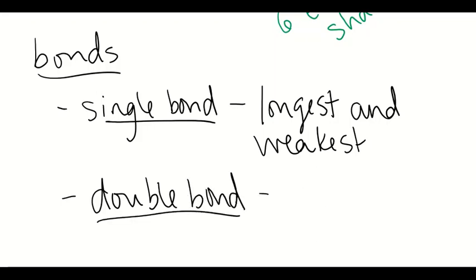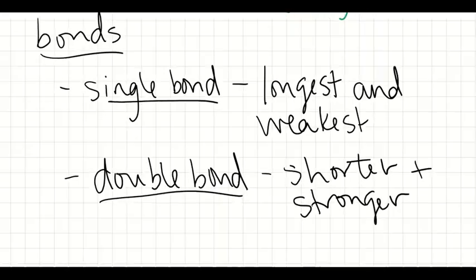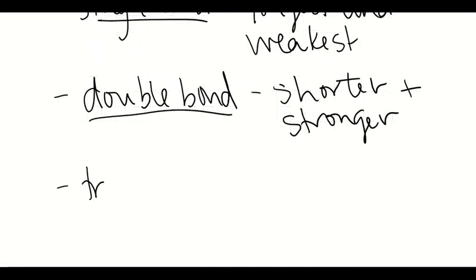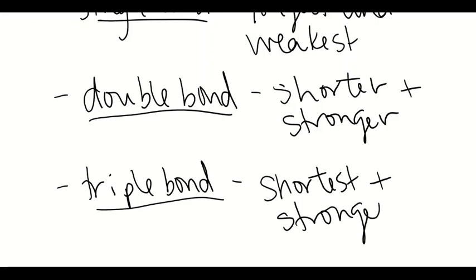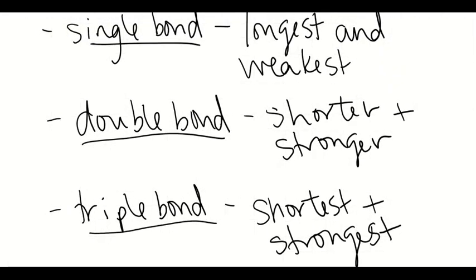Then the double bond is a little bit shorter and a little bit stronger. Then that triple bond, which we just found in nitrogen, is the shortest and the strongest. We'll see how this bonding happens so that we can see why they're shorter and why they're stronger. But for now, just make sure you know that the single bond is going to be the longest and weakest, the double bond is a little bit shorter and a little bit stronger, and the triple bond is the shortest and strongest bond that we have.